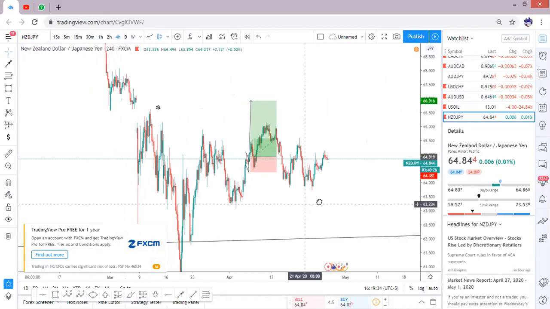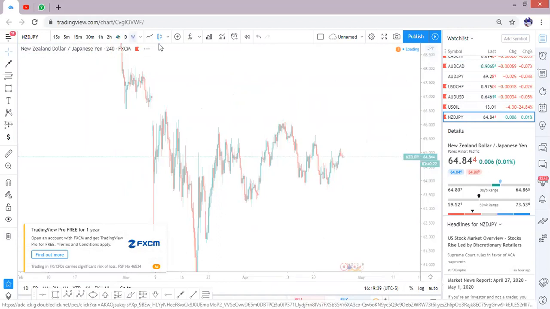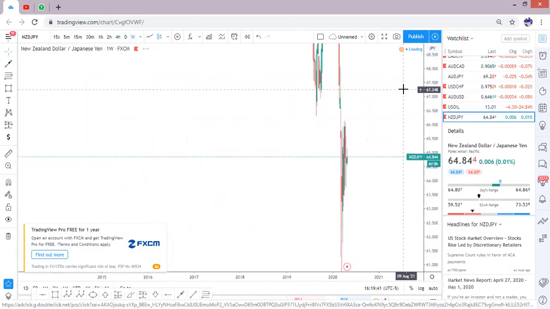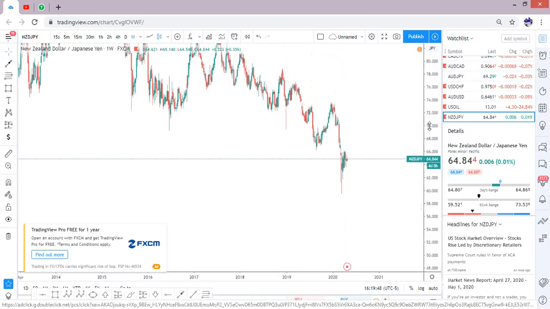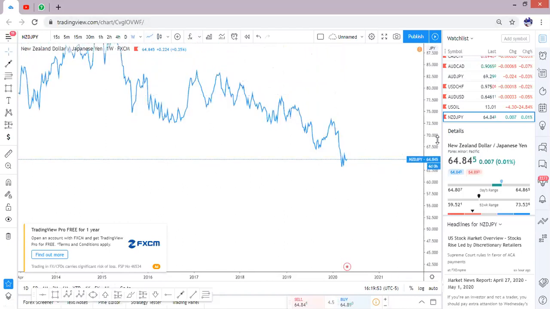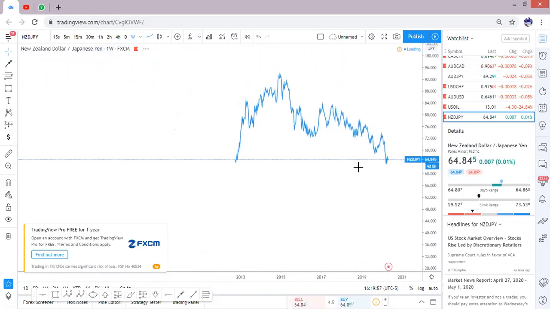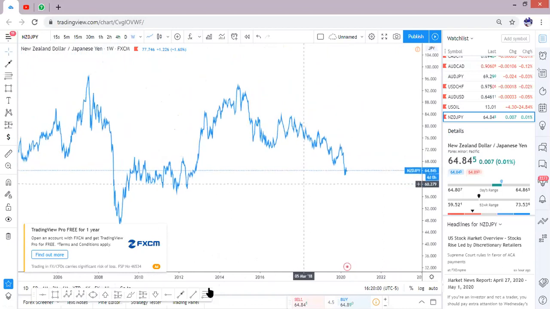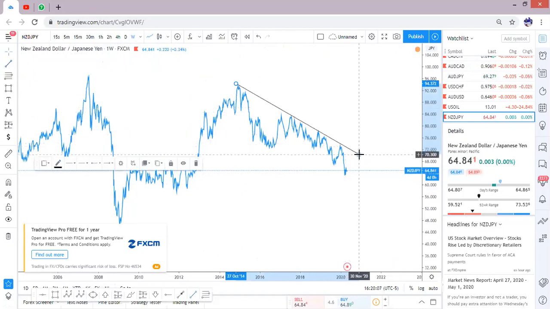This is NZDJPY. So quick one on this one. Top down analysis, as you all know. NZDJPY also is on a downtrend. This is it.